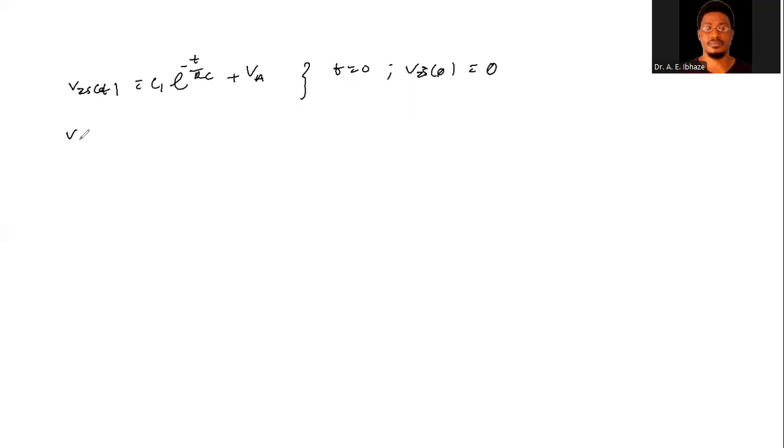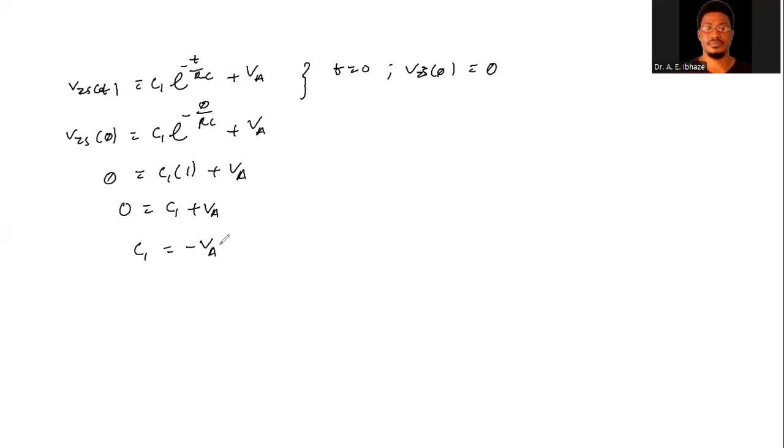So VZS of 0 will now be C1 exponential minus 0 over RC plus VA. So this will be equal to 0. C1 exponential 0 will give us 1, plus VA. So it means 0 equal to C1 plus VA. So C1 is equal to minus VA.